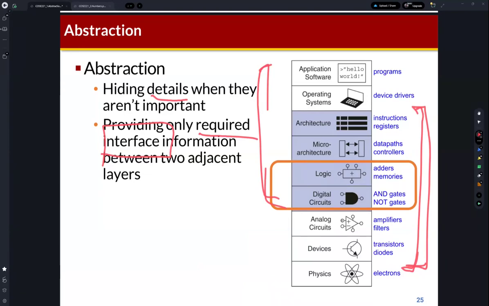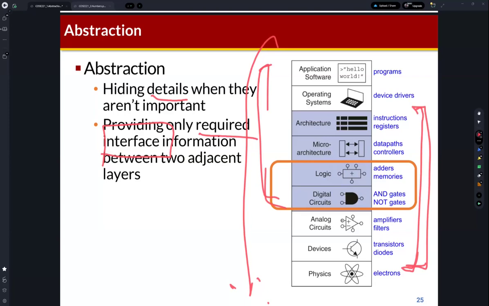So in order to understand a computer system, as I mentioned, a computer system is a very complex system. So we cannot understand every aspect of these layers. In order to build a single computer system, the knowledge of all layers is required, but we can just focus on a certain layer of a computer system.